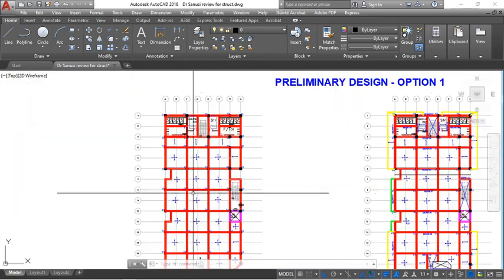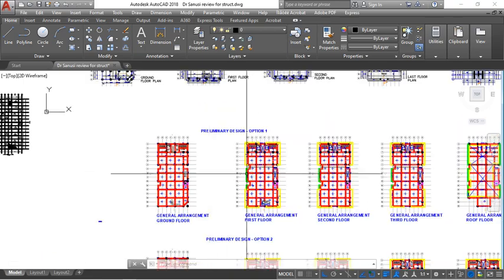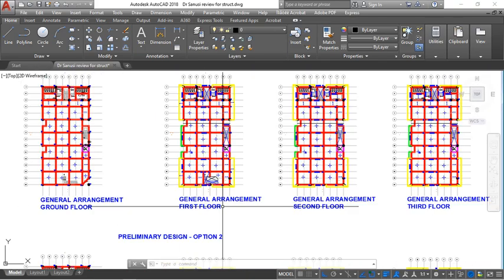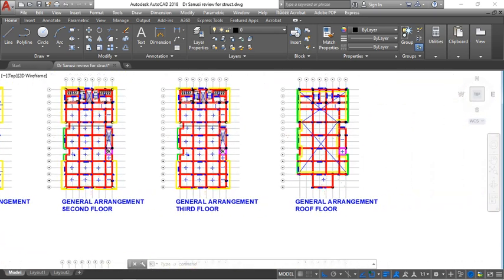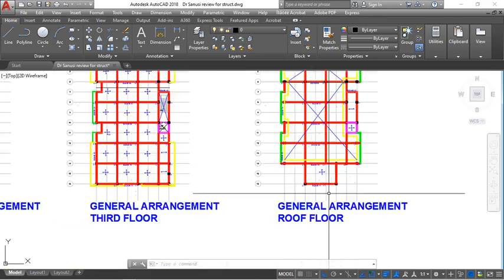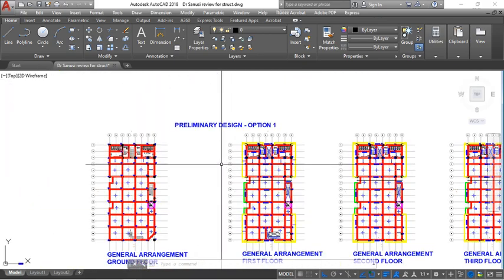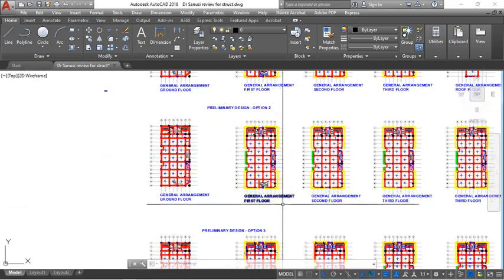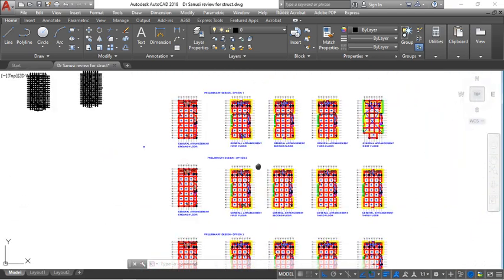With that, I have made a general arrangement for my ground floor, first floor, second floor, third floor, and then the roof plan for the roof general arrangement as well. So I have option 1, option 2, and option 3.